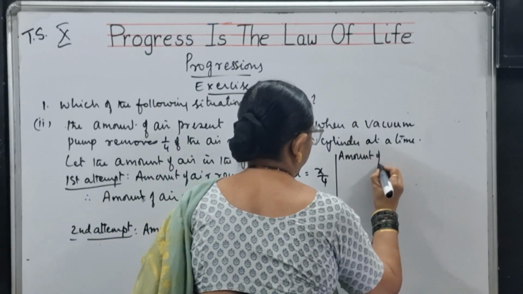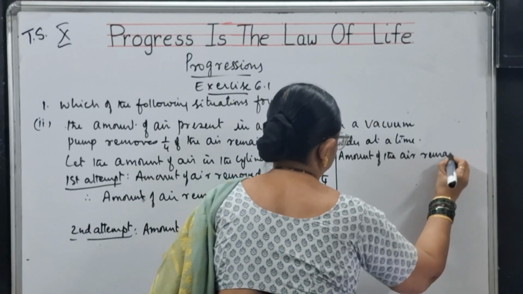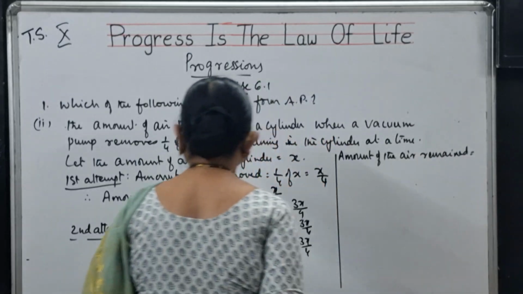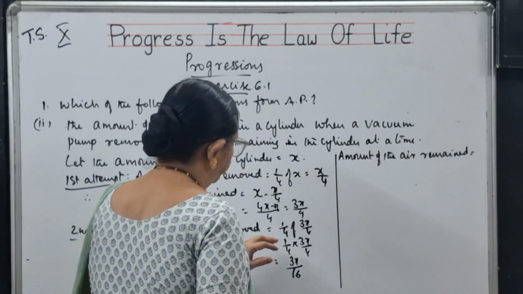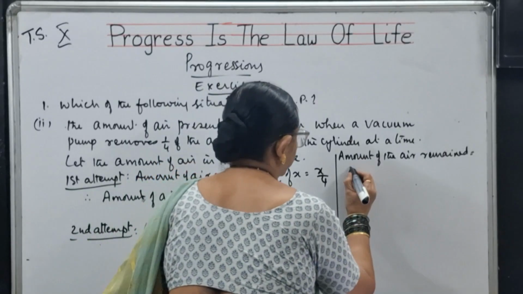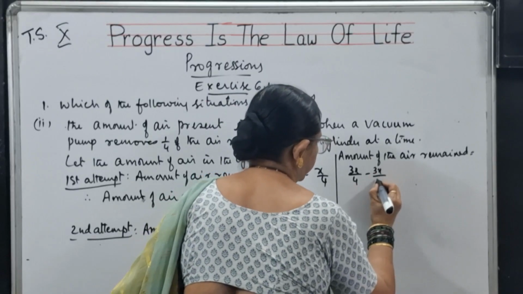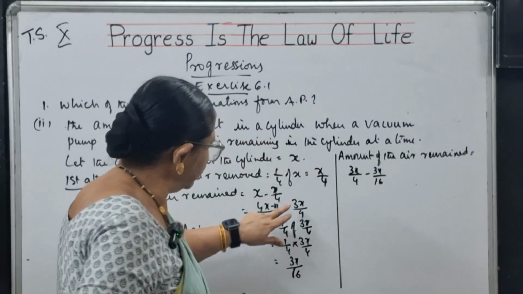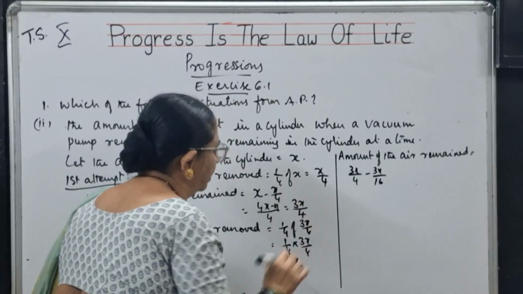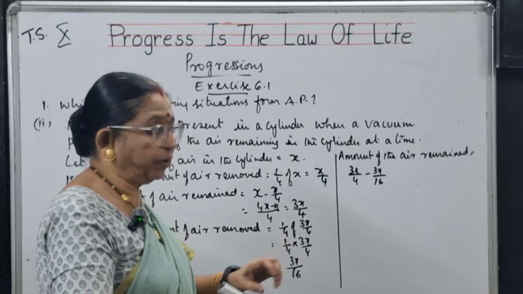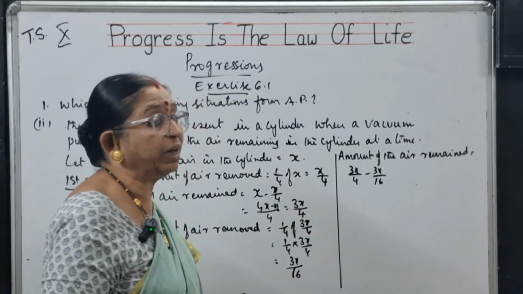From 3x by 4 you have to subtract 3x by 16, because this much, 3x by 4 amount of gas, is present in the cylinder, and when the air pump is sucking the air, 1/4 of 3x by 4 is removed.